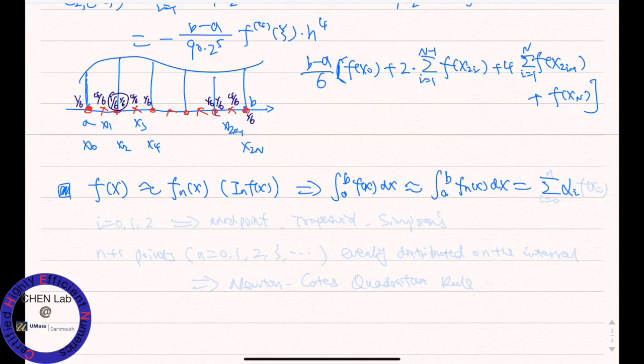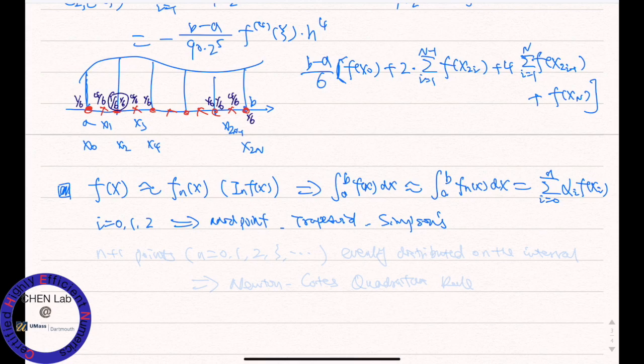So it's a summation of weights alpha i times f at those points xi, where i is from 0 to n. That's what we have done so far: when n is 0, 1, 2, we obtained the midpoint rule, the trapezoid rule, and Simpson's rule.